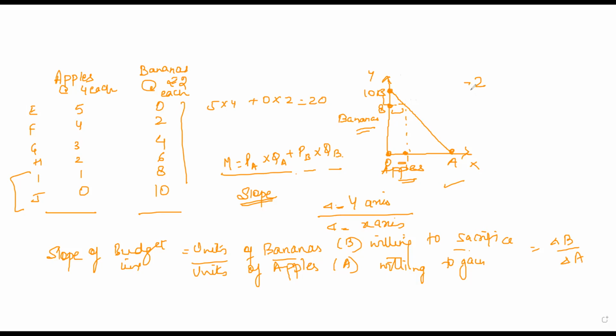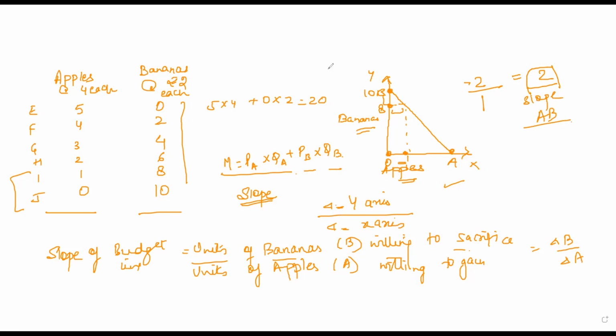So you make it minus 2, and what you are gaining is 1. So the slope will be minus 2, but we take an absolute number, so it becomes 2, right? The numerator will always have a negative value because it shows the number of units to be sacrificed, but for our own analysis, we take this as an absolute value. So this will be the slope of this budget line, which we have already named as AB.